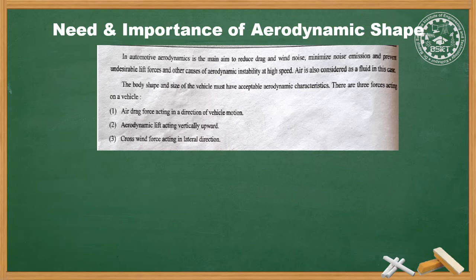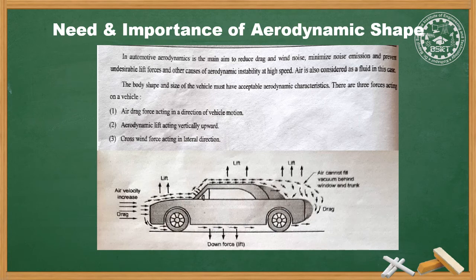There are usually three forces acting on a vehicle, of which two are shown in the figure below. The first one is the air drag force acting in the direction of vehicle motion. Air drag force is nothing but the force acting in the direction of vehicle motion.